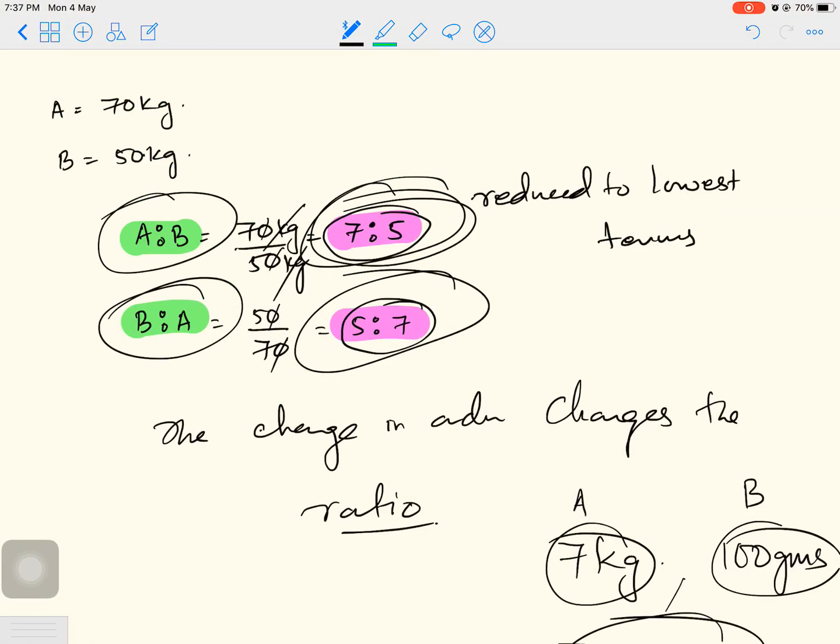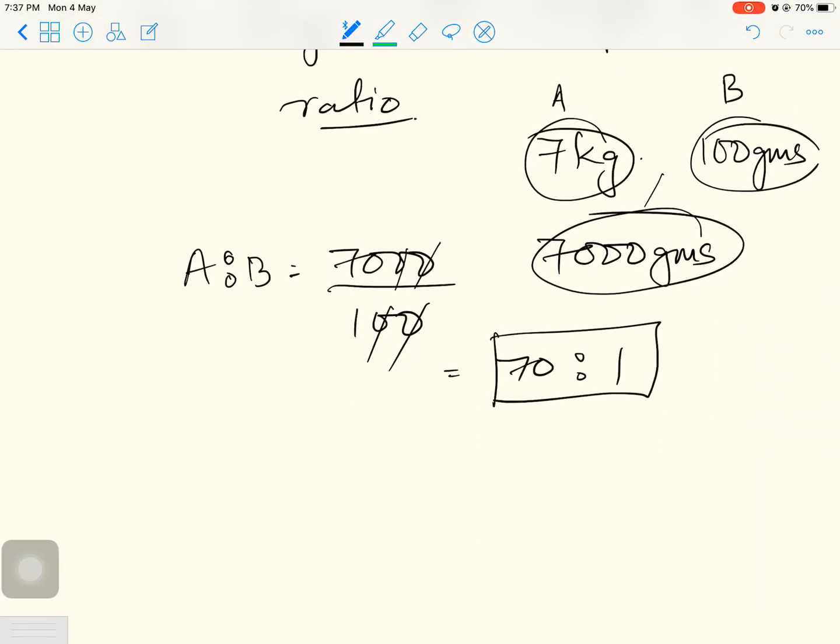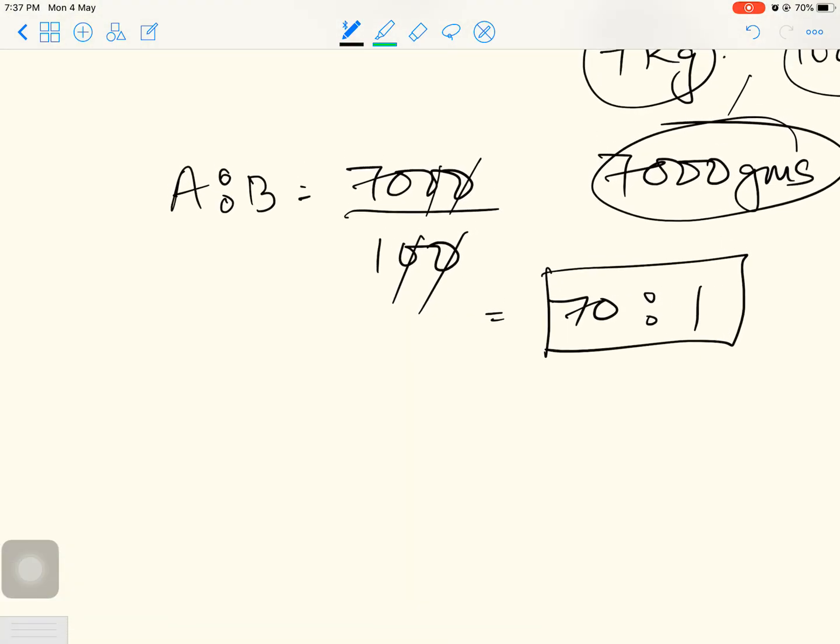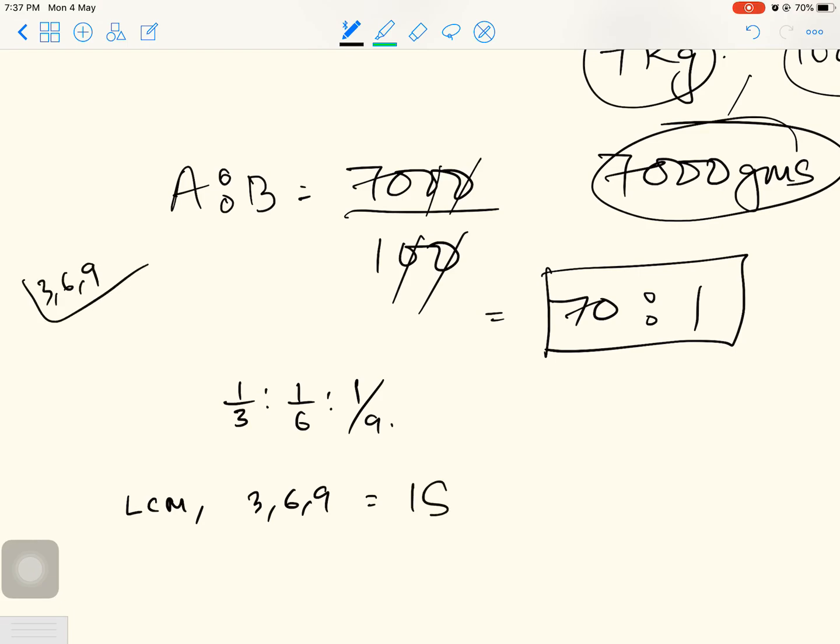Okay, so let me show you one more example on simplification of ratio. What if you have 1/3 is to 1/6 is to 1/9? What is the LCM of 3, 6, 9? You can do it in rough. I suppose it should be 18, but let me show you here. So that gives me 18.